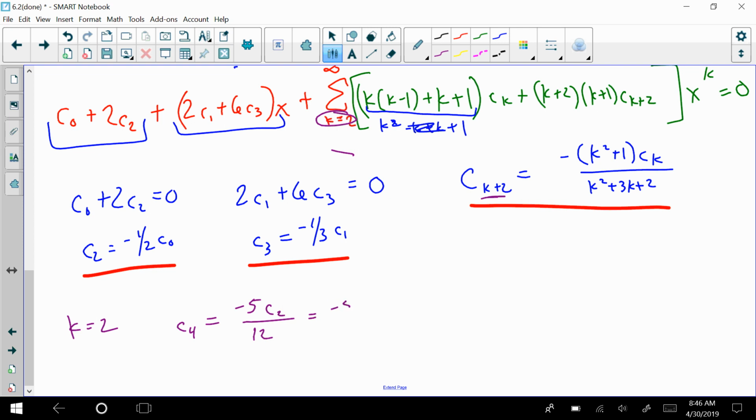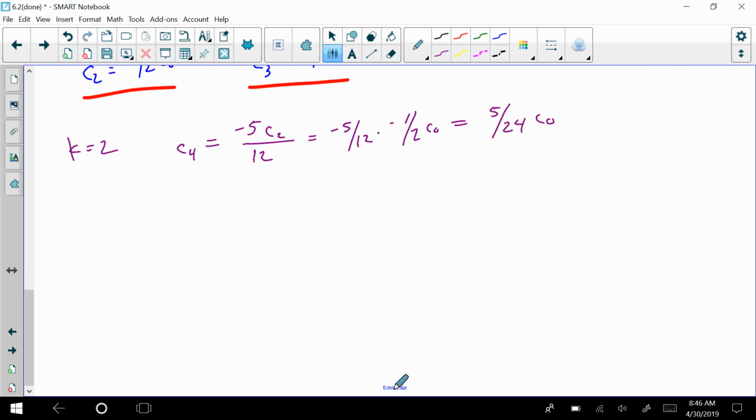And now I know that that's negative 5/12 times, well, c sub 2 is negative 1/2 c sub 0, so that's equal to positive 5/24 c sub 0. Okay, and I think you can plug in the rest of them. I want to go until k equals 5. So go ahead and do those ones.